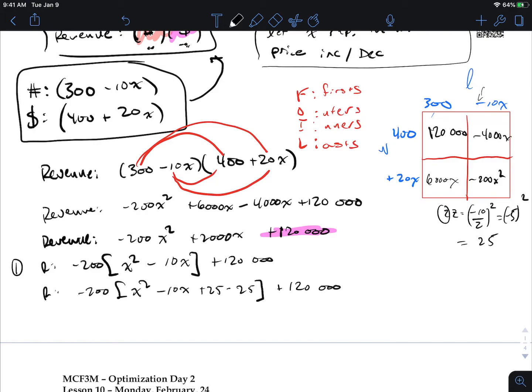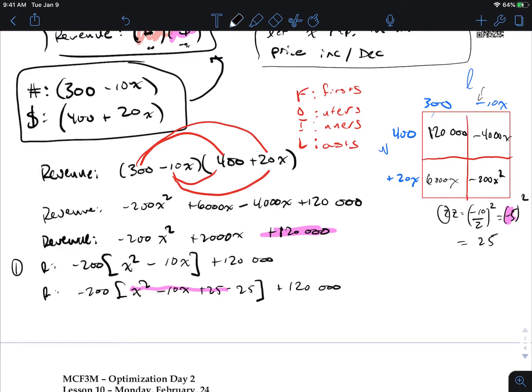The first three terms condense. If I were to factor that, I need two numbers that multiply to 25 and add to negative 10. That's negative 5 and negative 5, which we read from right there, which is what I was getting at with the factoring thing.